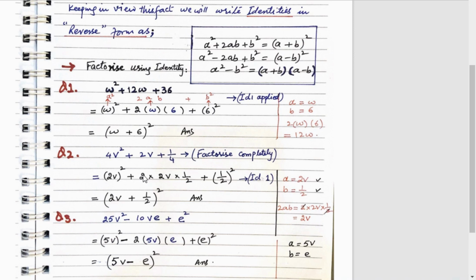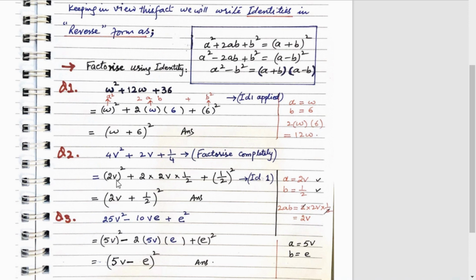Many times students do this quick action, but it is not right over here because we are doing factorization. We are not doing simplification. So there's a difference between factorization and simplification. And what is the difference? We will just convert the given term into this form of the first ID, a square plus 2ab plus b square.